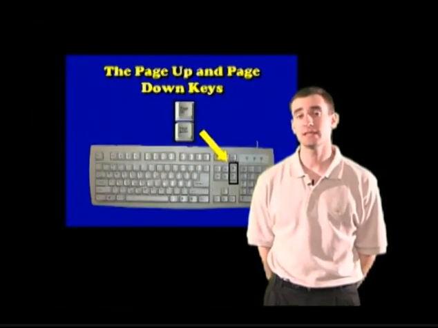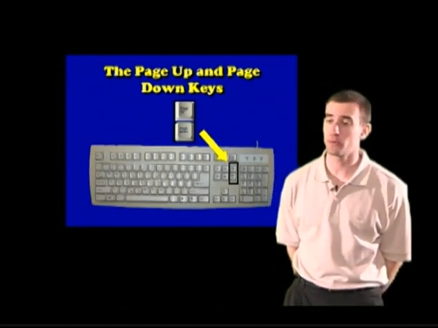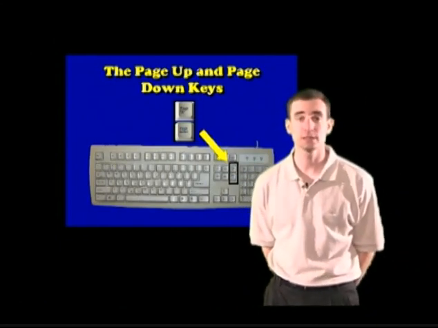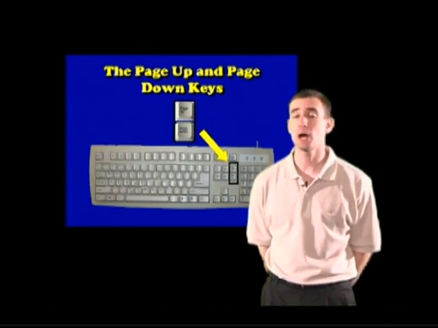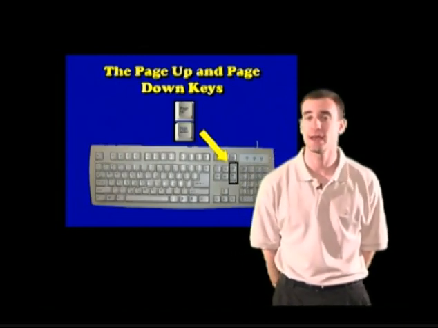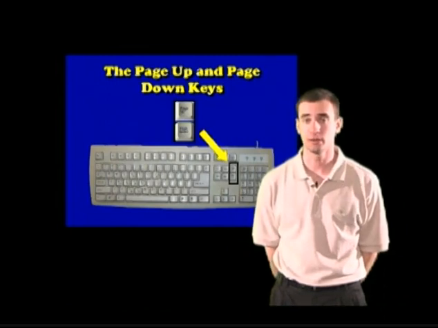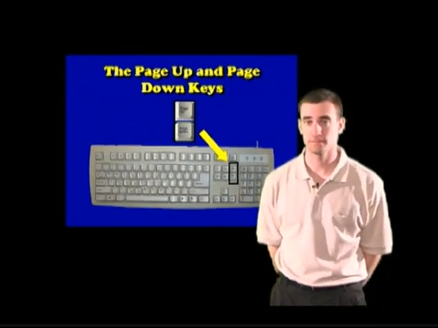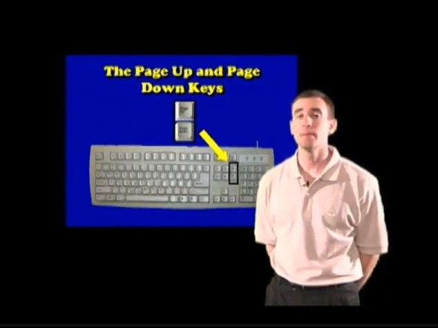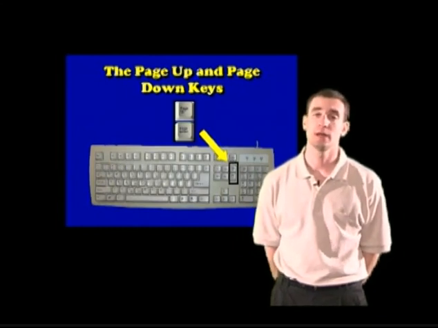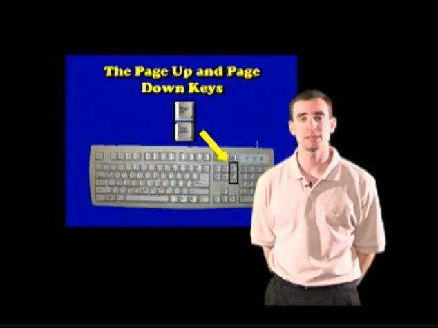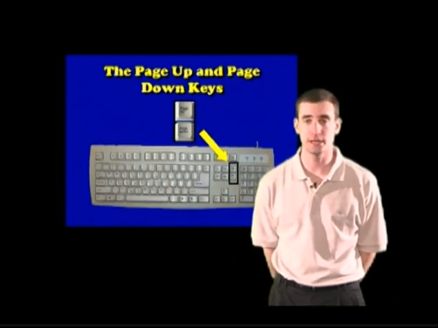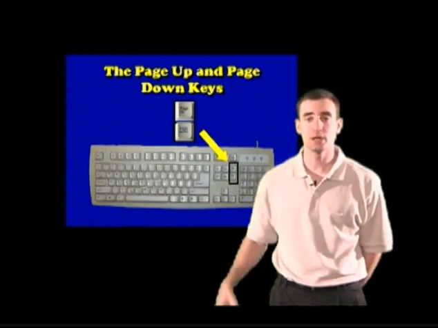Two other sets of keys that are very uncommonly used, but we always get questions on them in class, are the Page Up and Page Down keys. The Page Up and Page Down keys are located on the right-hand side of your keyboard. Take a moment to locate them. The way that they work is if you're typing up a very long paper, let's say 10 or 20 pages or 50 pages, and you need to go up one page.